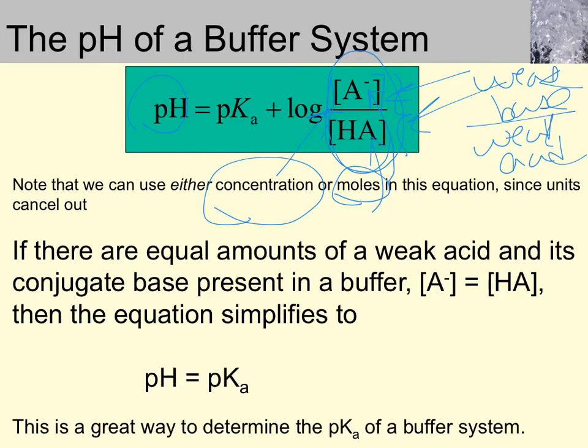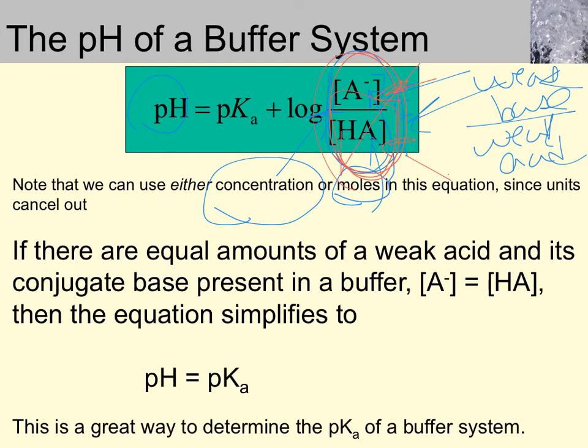All right, one other thing I want to point out about the Henderson-Hasselbalch equation is that I want you to think about this ratio. What happens when you have exactly equal amounts of the weak base and the weak acid in a buffer system? So let's say you have 1 molar solution of each. What happens to this equation?